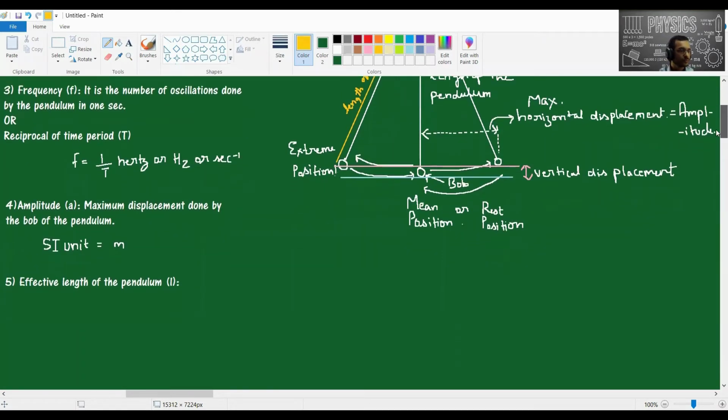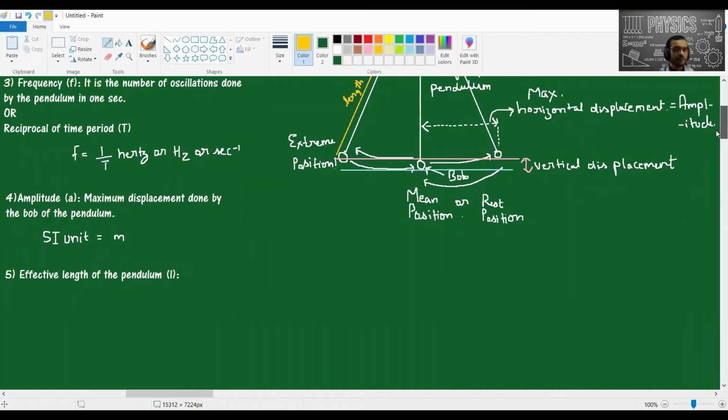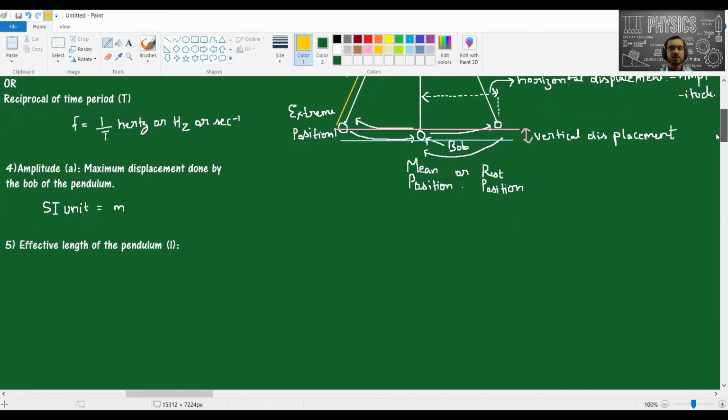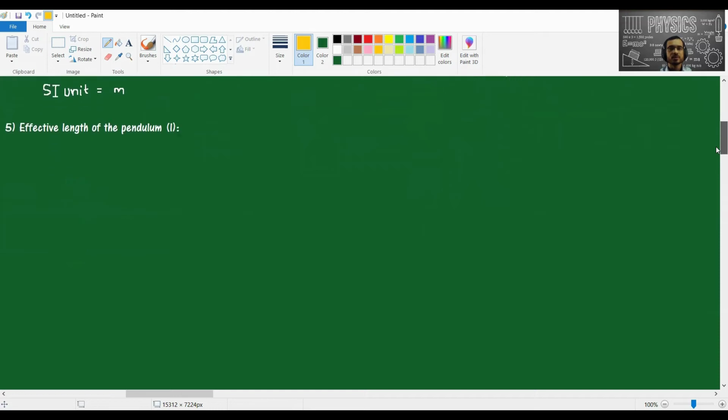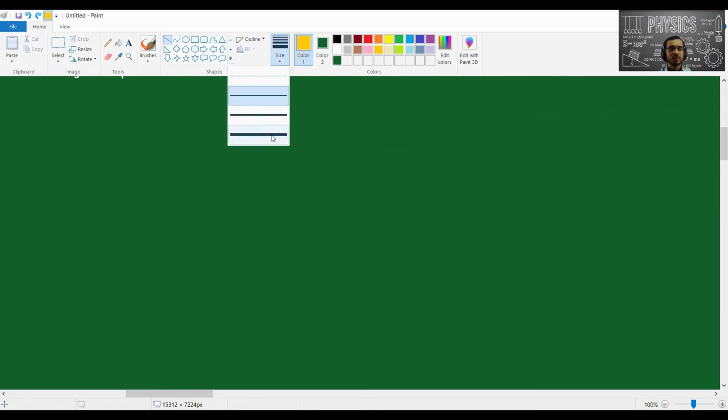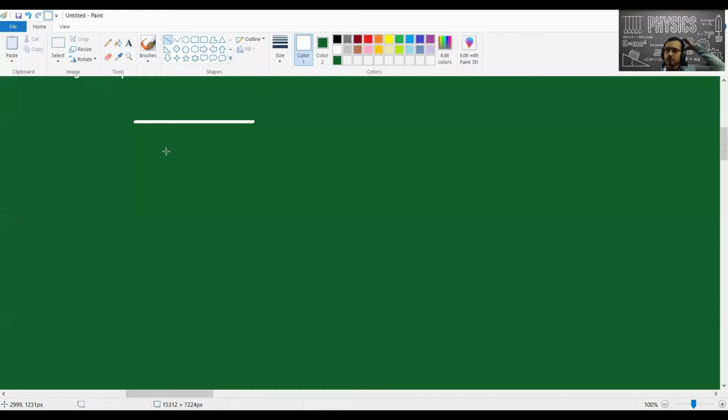So if we have to measure the time period of a simple pendulum, it is very simple. See, the motion of the pendulum is quite fast. If I have to measure the time period of one oscillation, it would be very difficult to measure it.